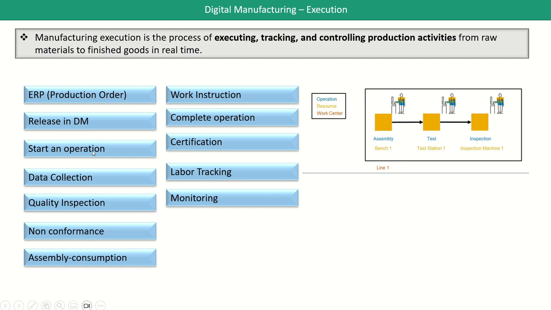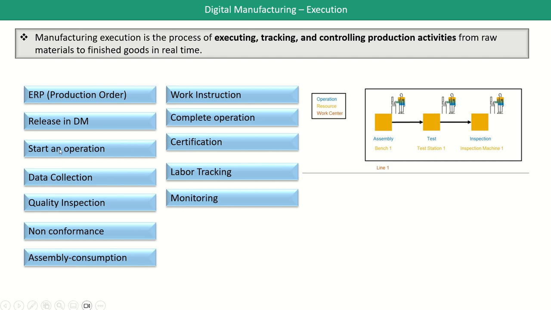Releasing the production order in digital manufacturing means that this production order is going to be executed on the floor to manufacture a final product. Releasing the order in S4HANA is considering the demand. So demand gets generated, but actual production gets started after releasing the production order in DM.